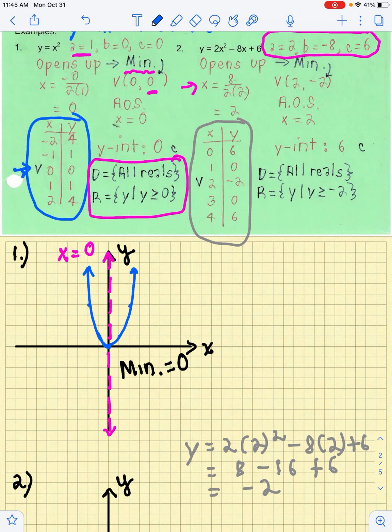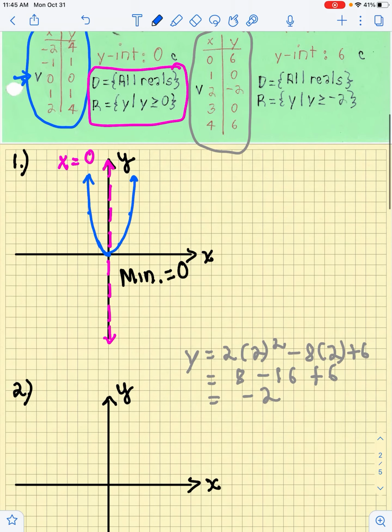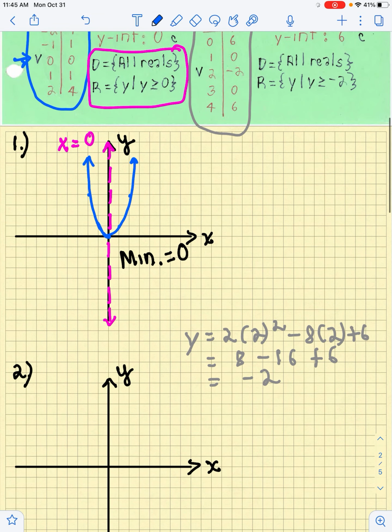So let's see if we can graph this, and I'm going to move this up just slightly so I can get to the graph. So I want to graph the vertex at 2, -2. That's right here. 1, 0, and 3, 0 are points I found by plugging in the values on either side of the vertex. Since my vertex was at 2, -2, the two values to the right of 2 were 3 and 4, and the two values to the left, 1 and 0.